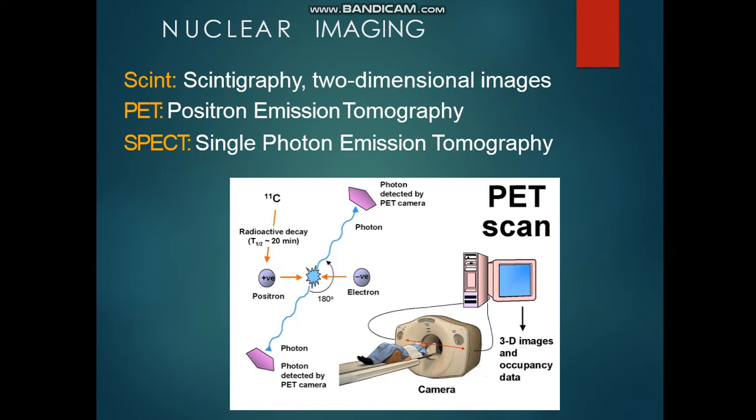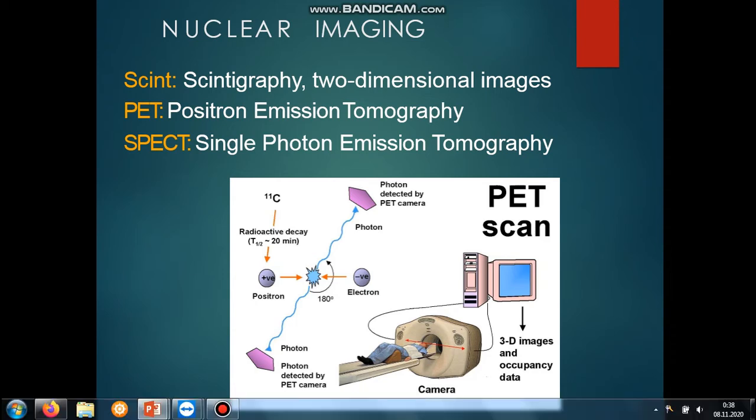Nuclear imaging. Nuclear medicine imaging uses small amounts of radioactive materials called radiotracers that are typically injected into the bloodstream, inhaled, or swallowed. The radiotracer travels through the area being examined and gives off energy in the form of gamma rays, which are detected by a special camera and computer to create images of the inside of our body.